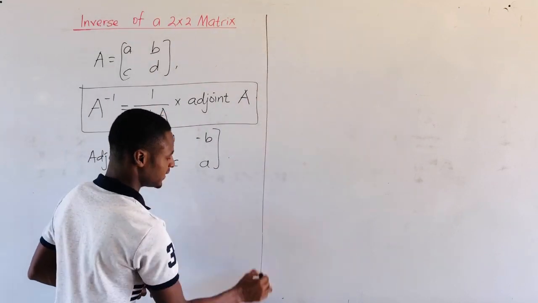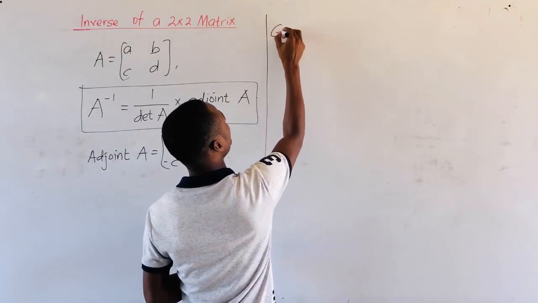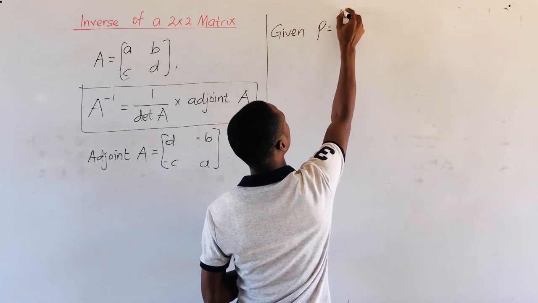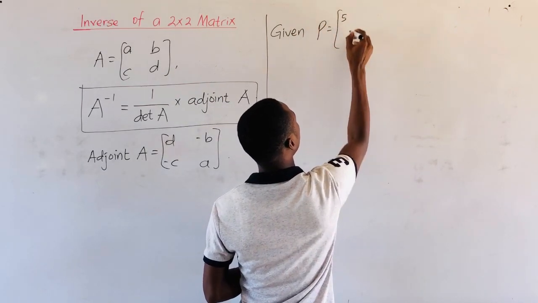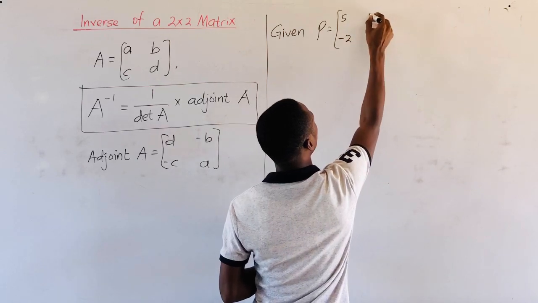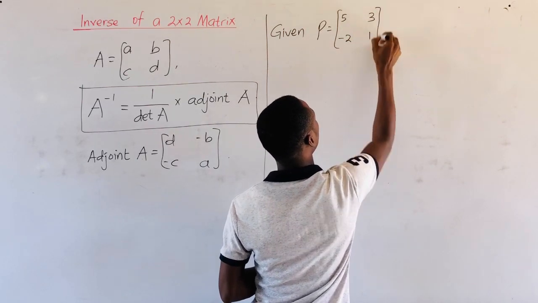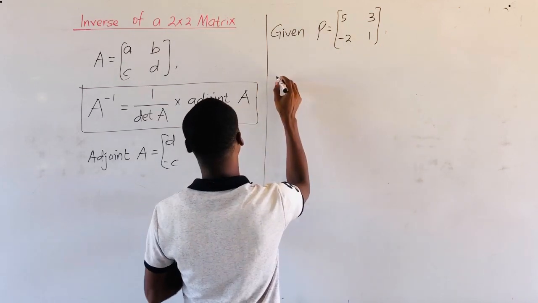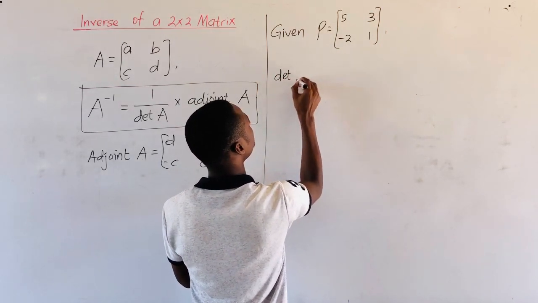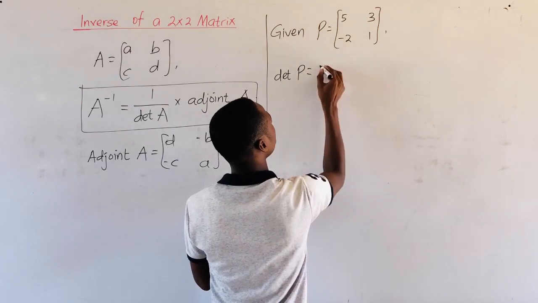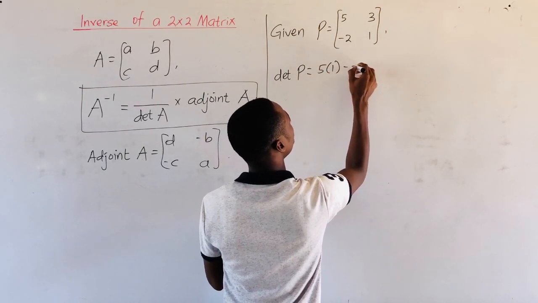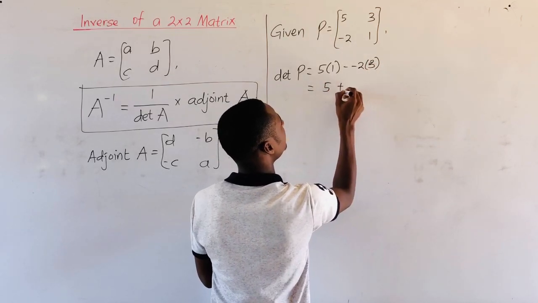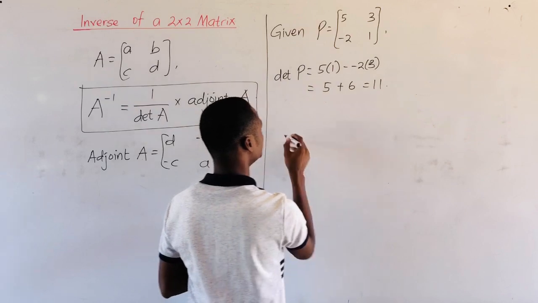Taking an example, if we have the matrix P equal to 5, negative 2, 3, 1, and we want to find the inverse of P, then we need to find the determinant of P, which will give us 5 plus 6, which is 11.